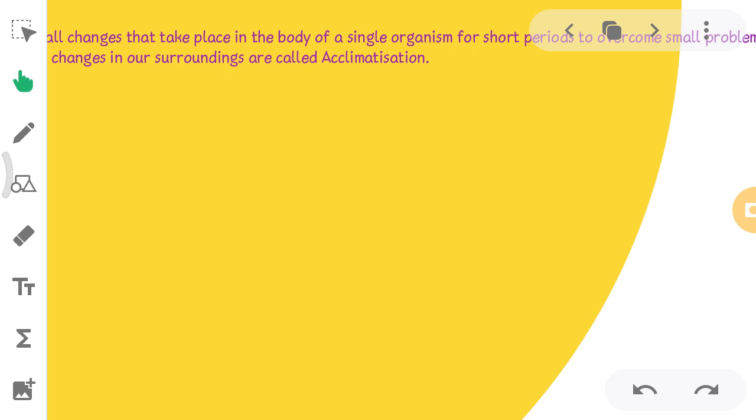There are some changes. Imagine, for instance, we are living on plains. We are living on plain or plateau, whatever it may be. We are living on a flat surface. But when you suddenly go to a high mountain, you experience some change, right?